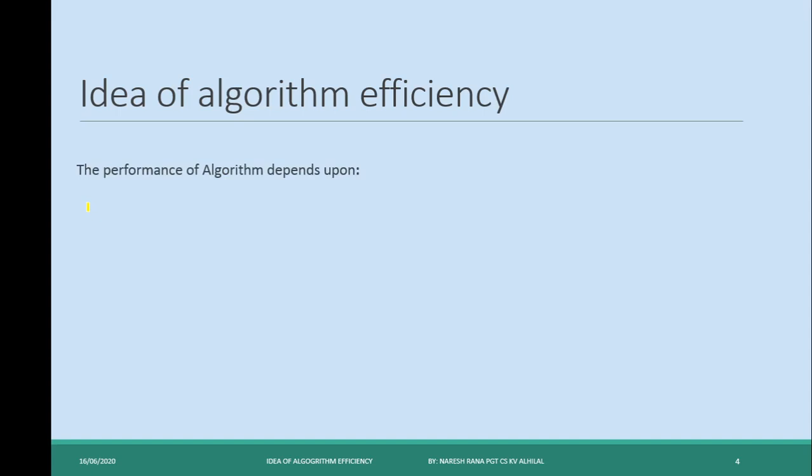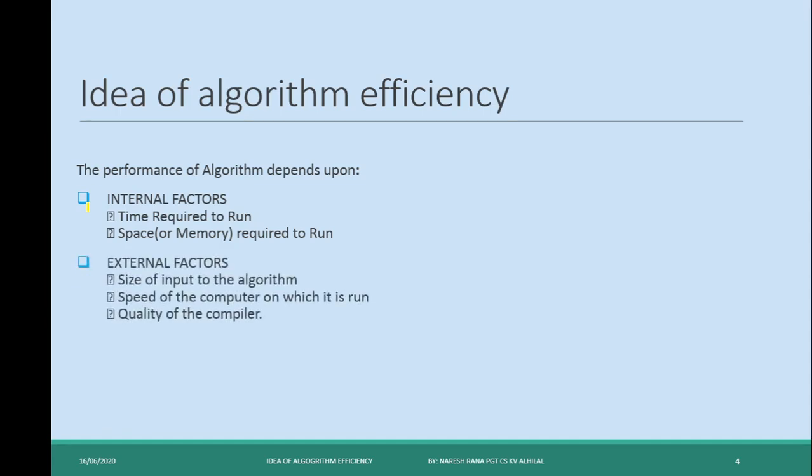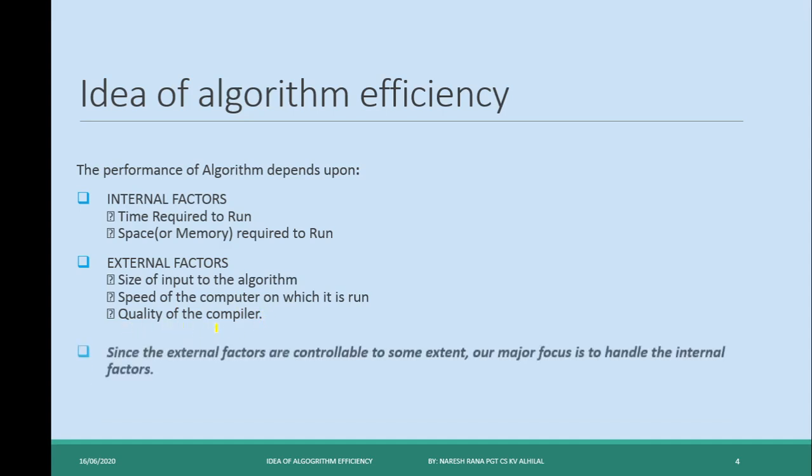The performance of an algorithm depends upon internal factors: the time required to run, in seconds, and the space or memory required to run. The external factors are the size of input to an algorithm, the speed of the computer on which it runs, and the quality of the compiler.